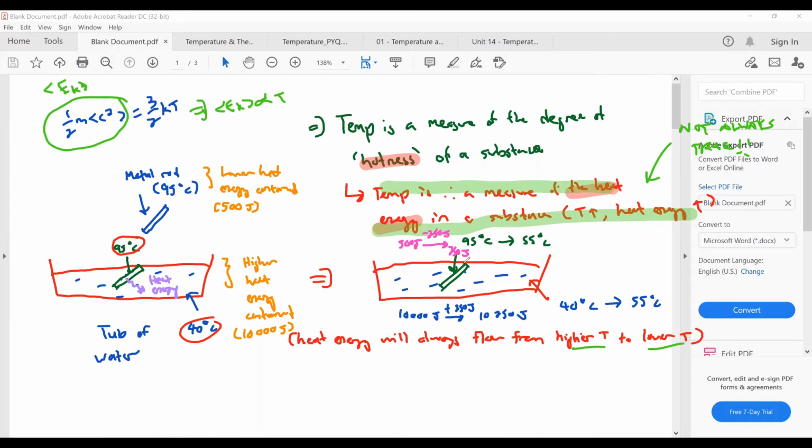As your heat energy keeps flowing from the body with higher temperature to the body with lower temperature, the object that gains heat energy will have its temperature increase. The object that loses energy will have its temperature drop. This part here is where heat energy is gained.